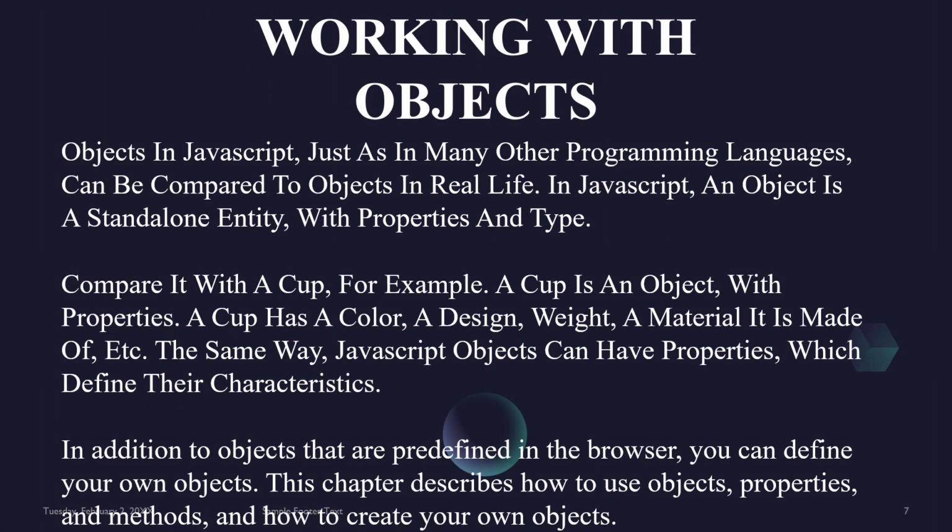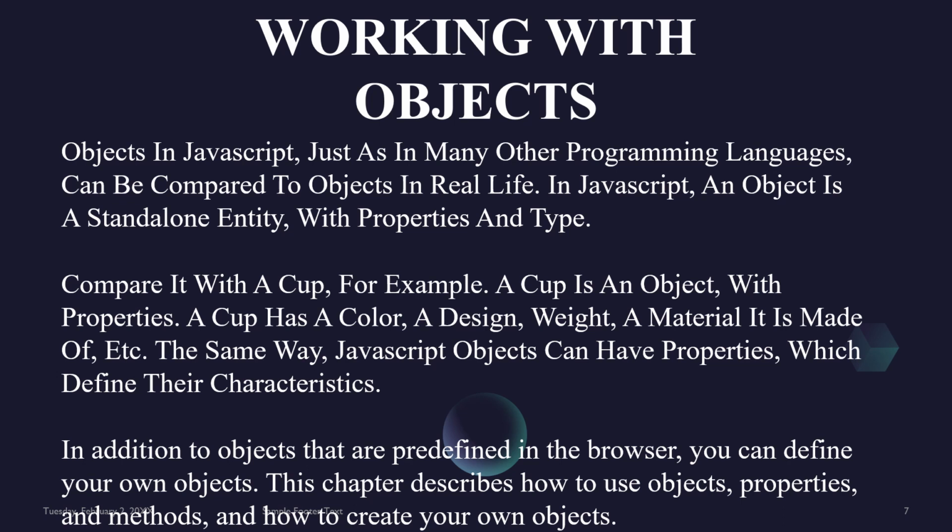Working with objects. Objects in JavaScript, just as in many other programming languages, can be compared to objects in real life. In JavaScript, an object is a stand-alone entity with properties and type. Compare it with a cup, for example. A cup is an object with properties.